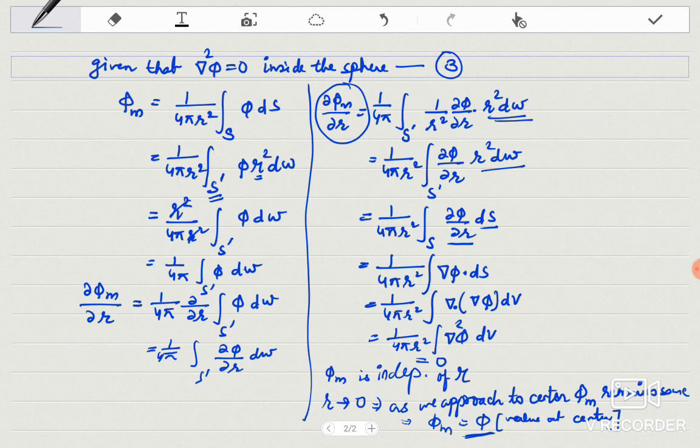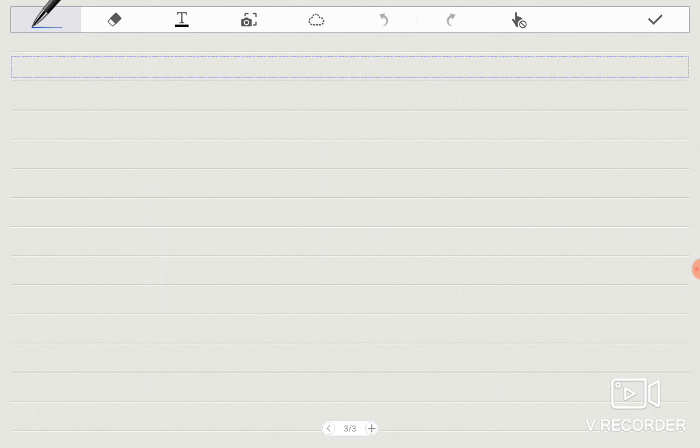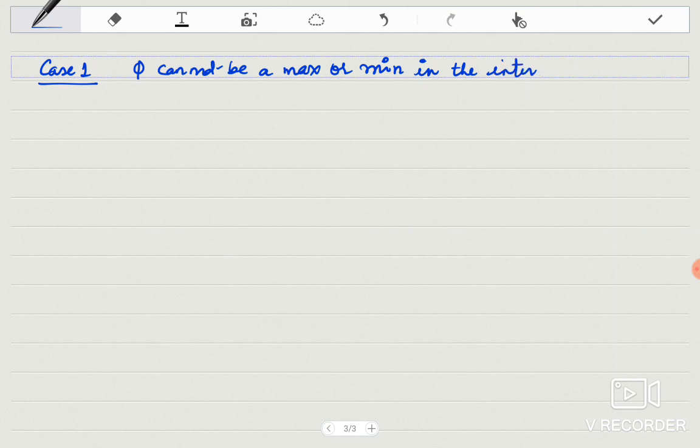So it is all about its proof, and it follows certain corollaries. One corollary, which is very simple and very interesting, is that φ cannot be a maximum or minimum in the interior of any spherical region.